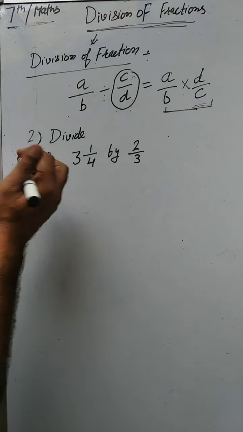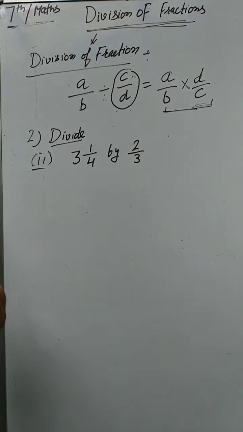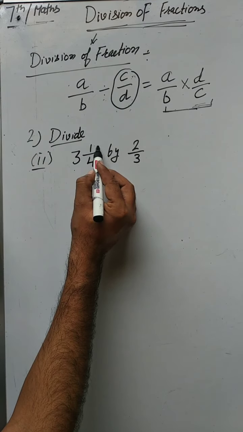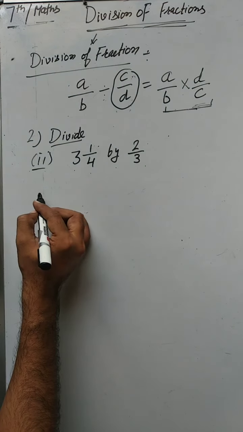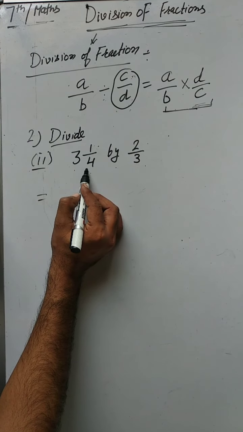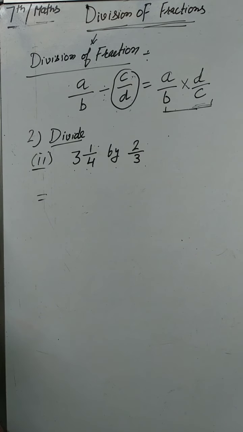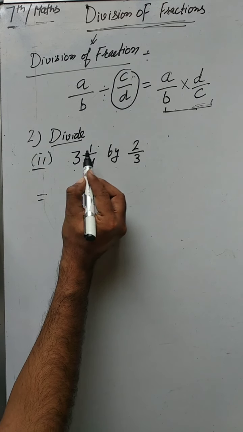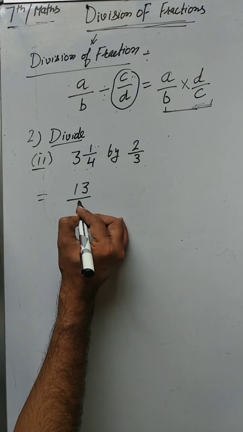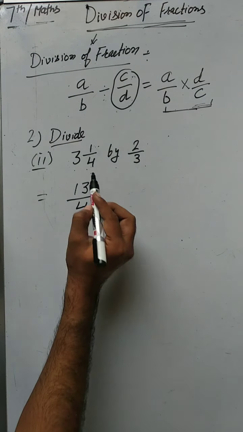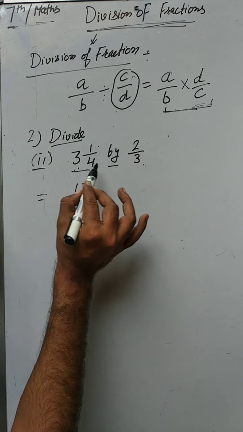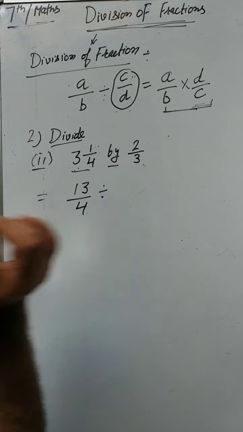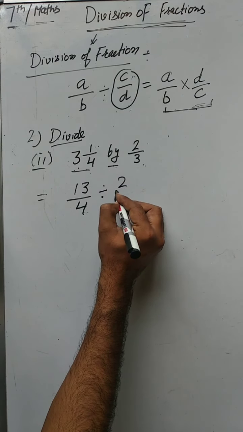Beta, your next question is based on division. Question second, divide 3 1/4 by 2 upon 3. Understood beta? Now look here, this is a mixed fraction. I have already told you, wherever you see a mixed fraction, change it into improper. 4 3s are 12, 12 plus 1, 13. It becomes 13 upon 4. Now you have to divide this by 2 upon 3. So here is the sign of division, and 2 upon 3.